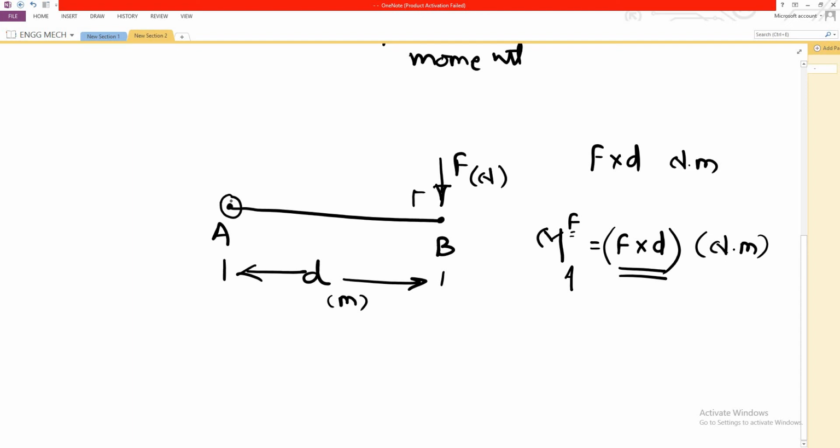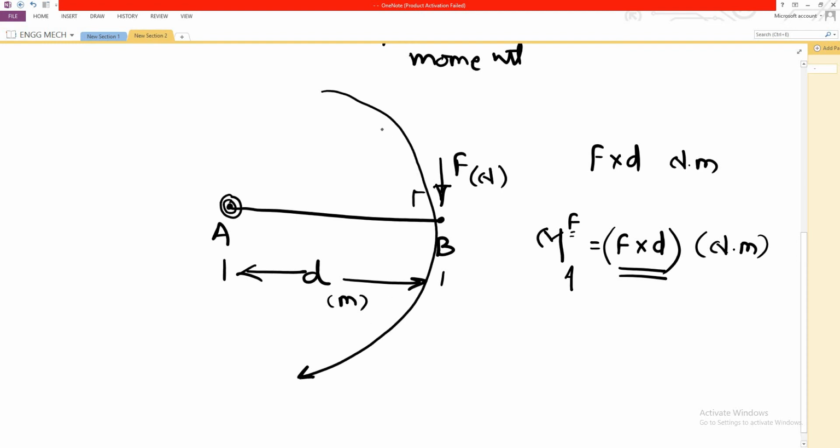Now see, if we are taking the point A as the rotation center or the point of reference, then if you see the direction of motion created by this force F, it is clockwise. The rotary effect is clockwise.